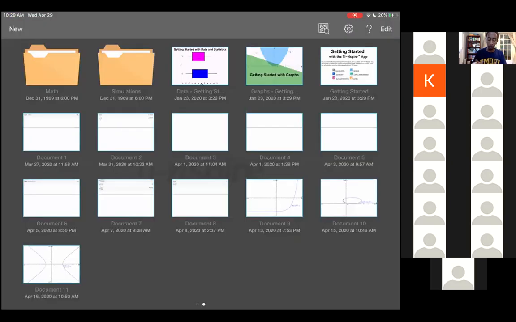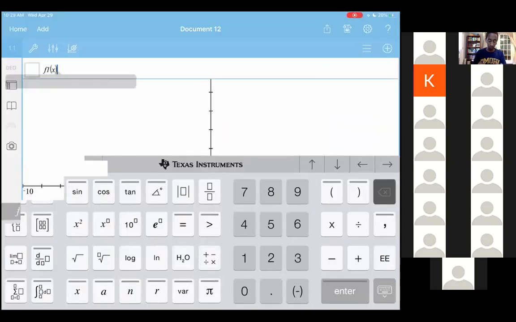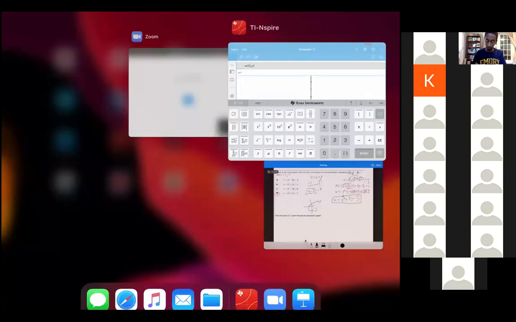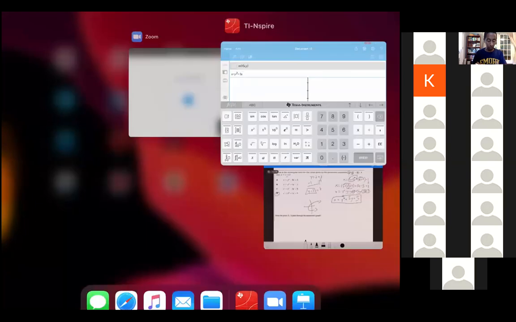I'm just gonna graph it while you're thinking. Y squared, where's Y on here? Minus 5. Oh, this is the Y. Oh, what happened?